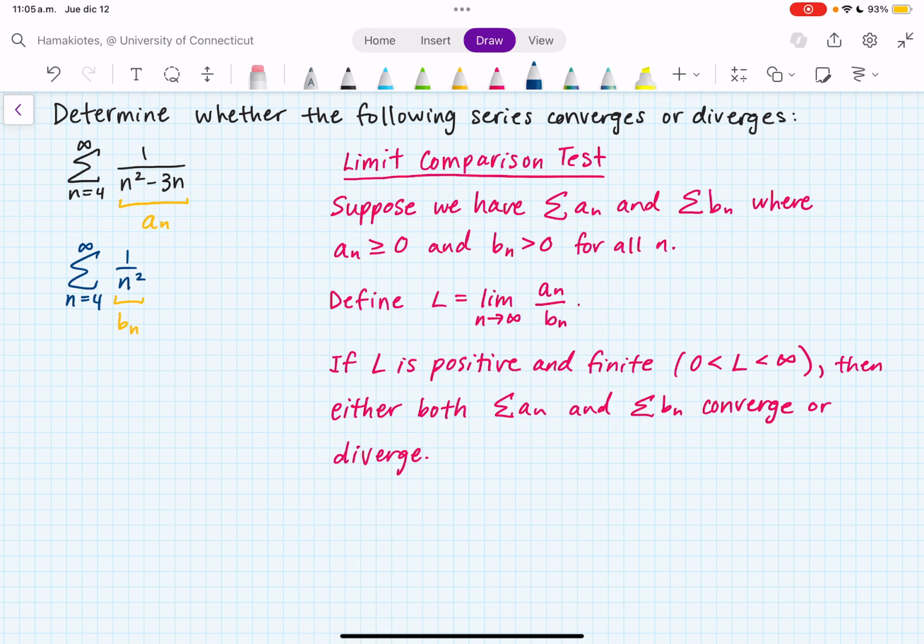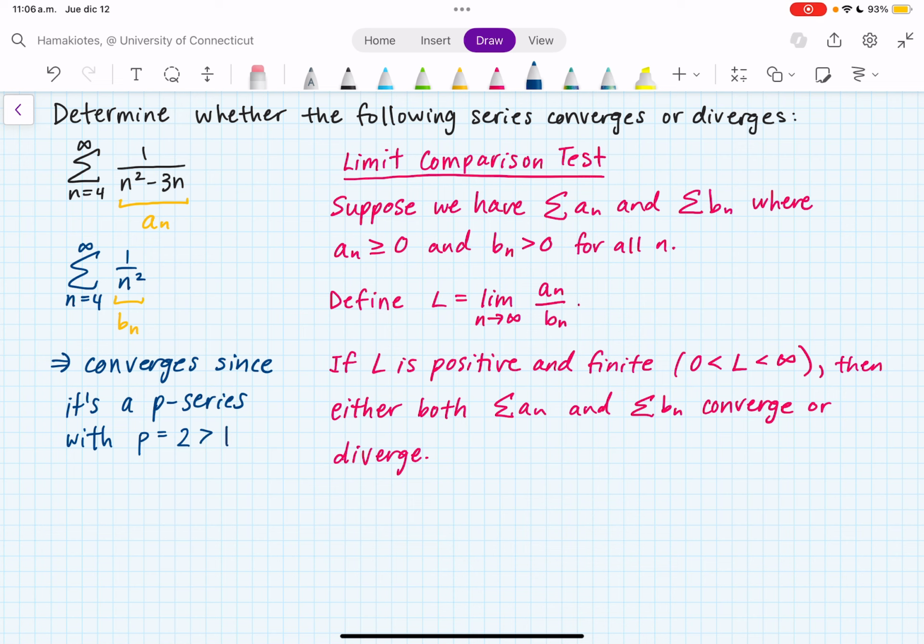Well, we know that this converges since it's a p-series with p equal to 2 in this case. The exponent of n is 2, and that's greater than 1, so the p-series test tells me that this converges.